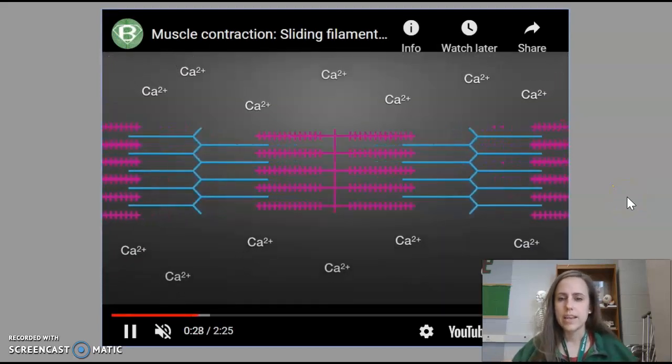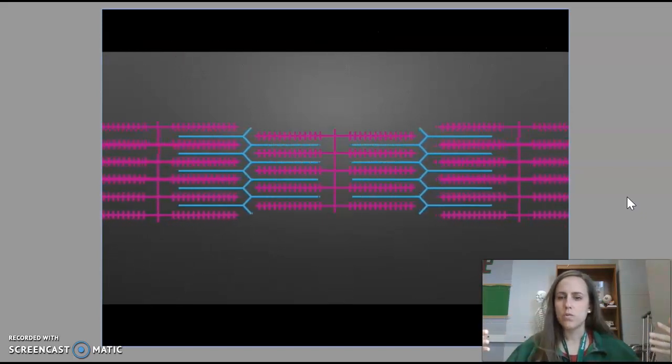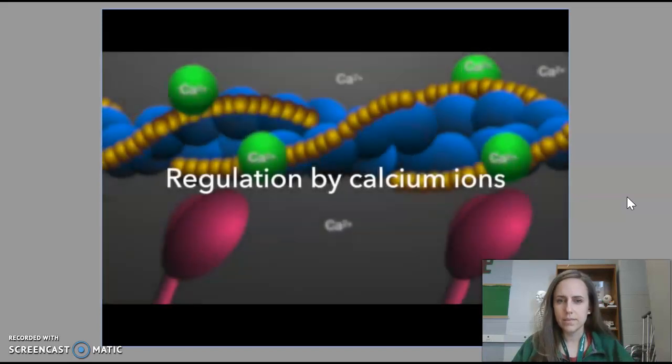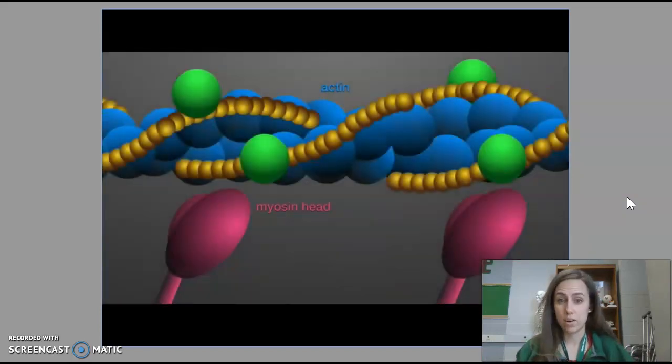So what you're seeing here is the myosin moving along the actin. And this is showing you how the calcium ions, why they are important.